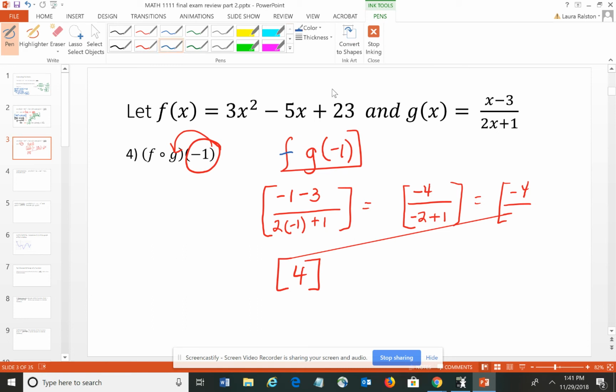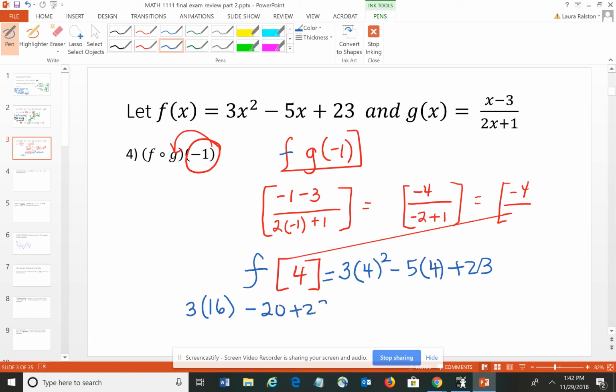And then I'm going to take that value of 4 and substitute it into function f wherever there is an x. So I would have 3 times 4 squared minus 5 times 4 plus 23. Doing the math, I would have 3 times 16, 4 squared is 16, minus 20 plus 23.